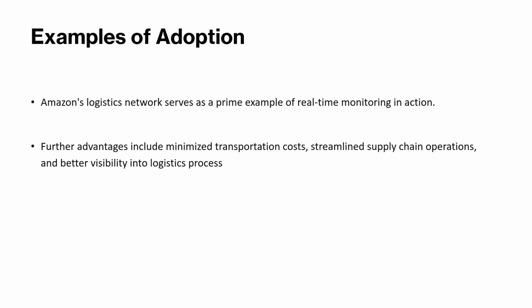For its vast logistics network, it allows them to optimize delivery routes, manage inventory, and ensure timely deliveries, contributing to their reputation for fast and reliable service. Further advantages included minimized transportation costs, streamlined supply chain operations, and better visibility into logistics processes.